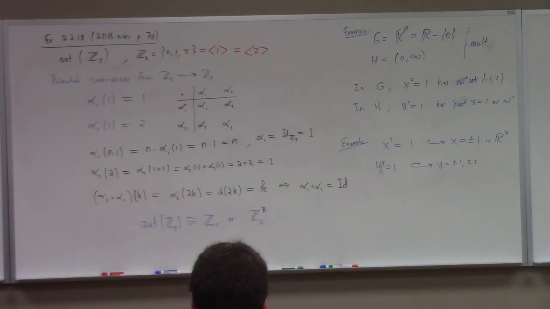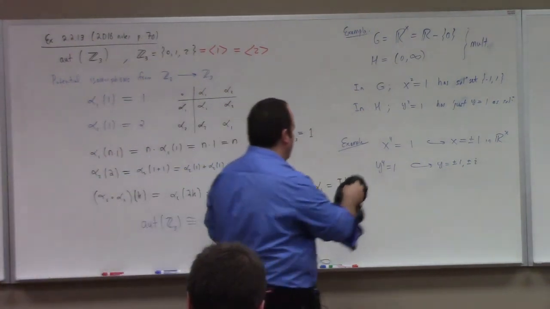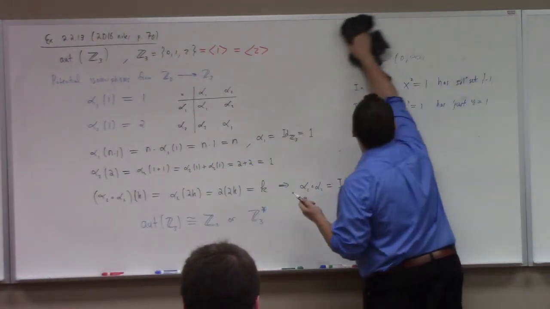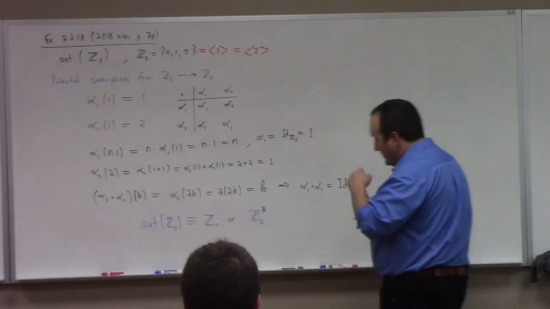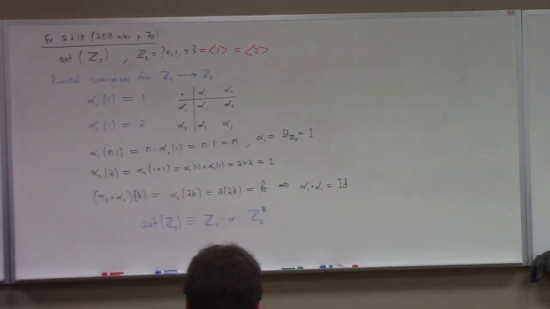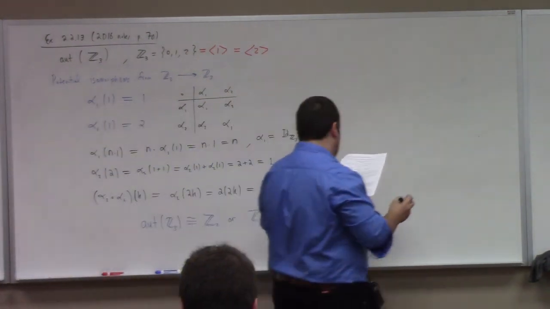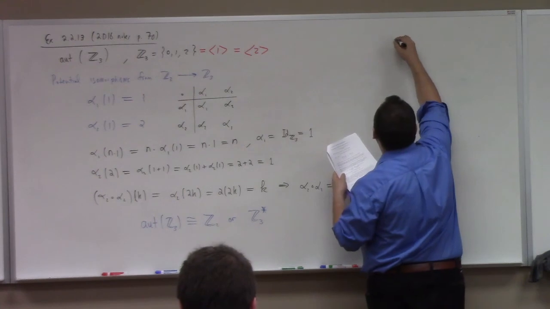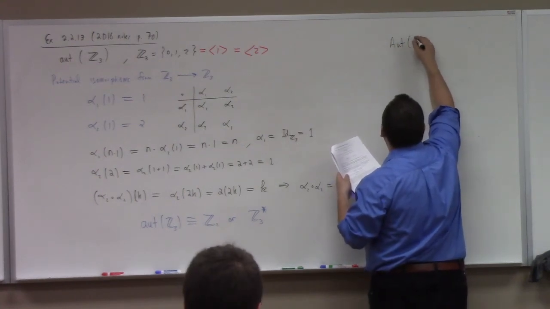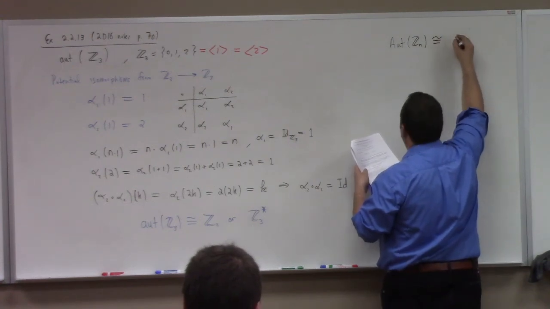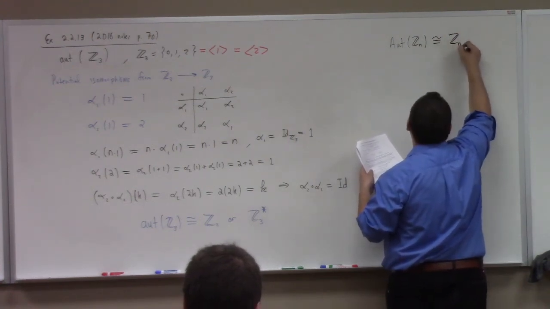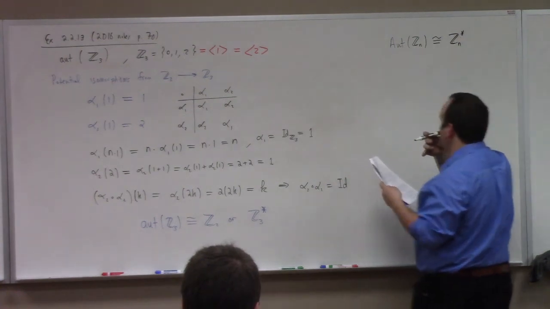In fact, this is not an accident. It's not that hard to prove that this generalizes. You can prove that the automorphisms of Zn are isomorphic to the group of units under Zn.